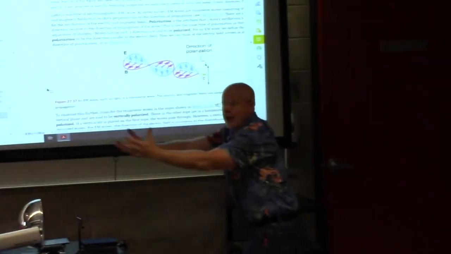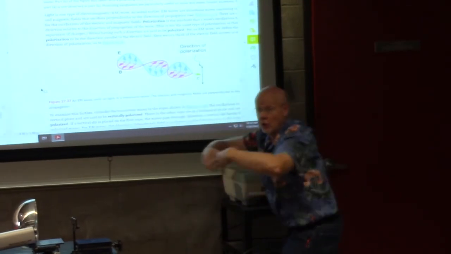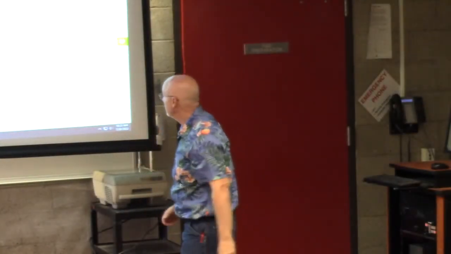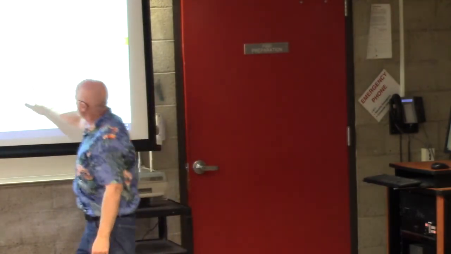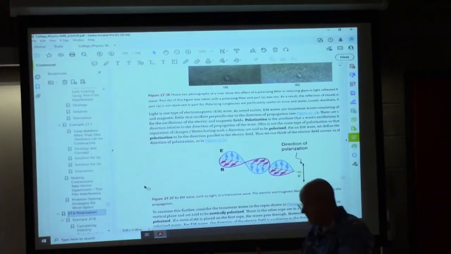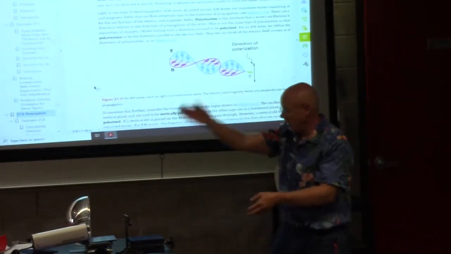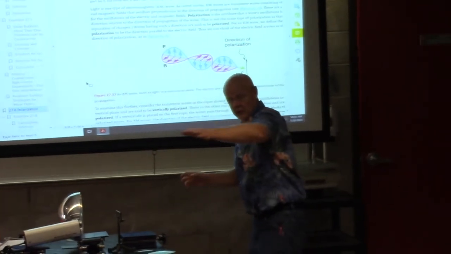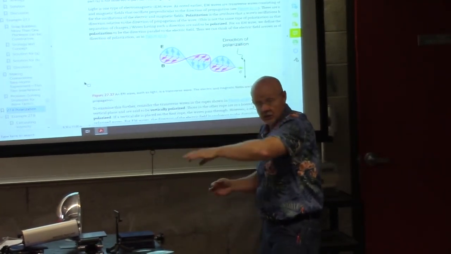And so the energy moves towards me on the x-axis. And then in this diagram, they're trying to show the electric field on the y-axis, and the magnetic field on the z-axis.